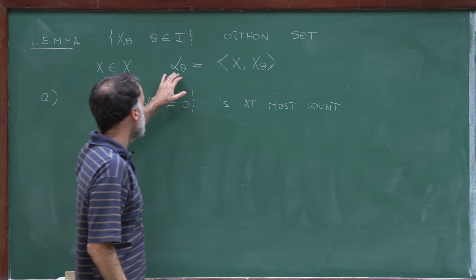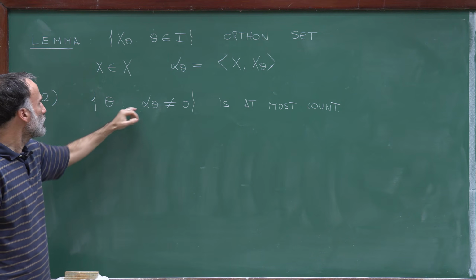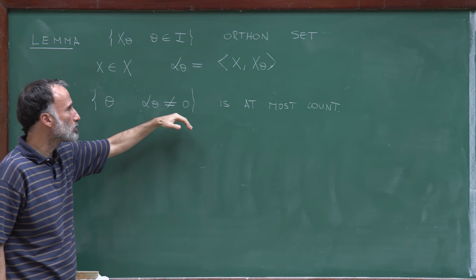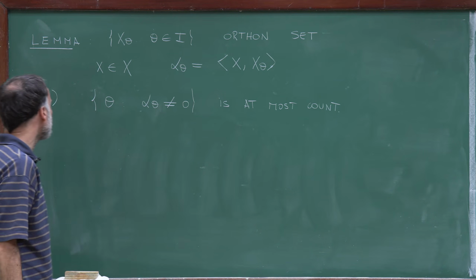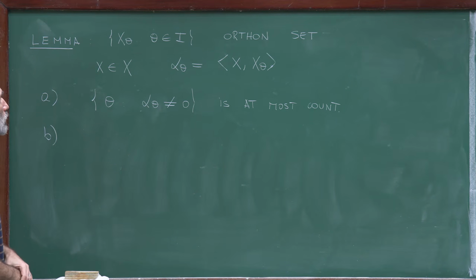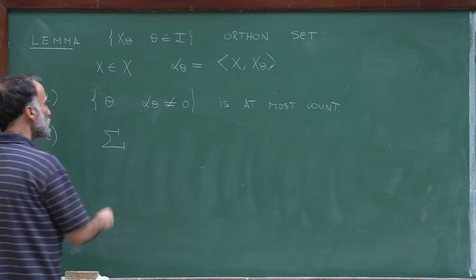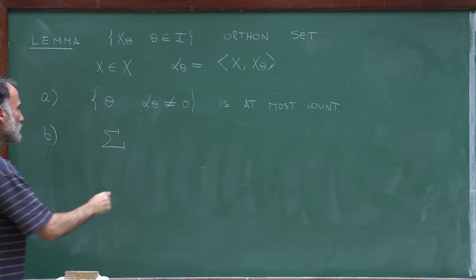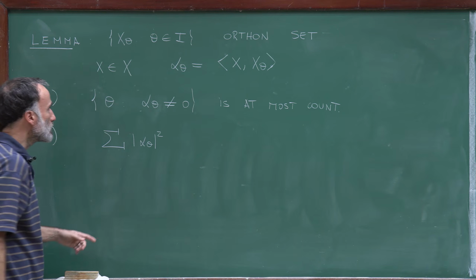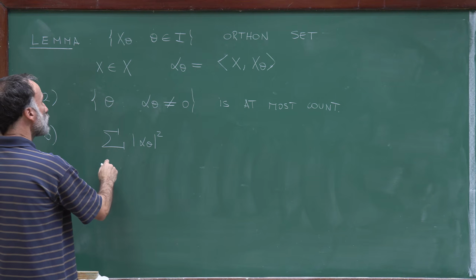So though this family might be uncountable, the family of theta for which alpha theta is different from 0 is at most countable. And then what I claim is that now if I take the sum of alpha theta square, since this family is at most countable, I can sum over all theta.